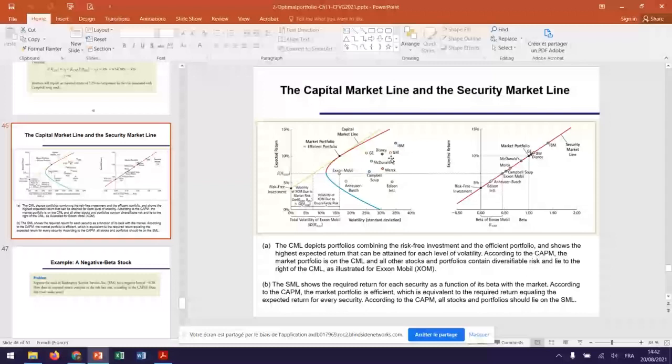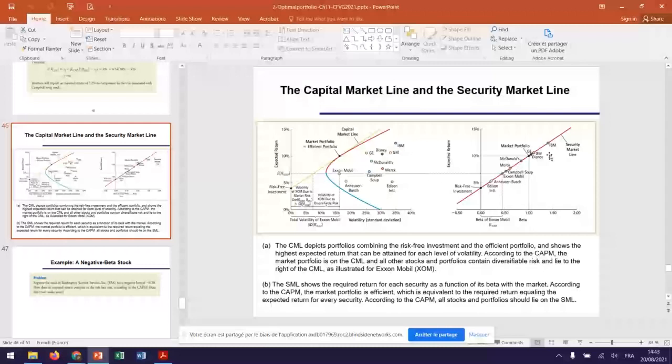Interestingly, I can plot the line of beta and expected return of all individual stocks, which in real life is true, at least in the US market. All these come from real data.